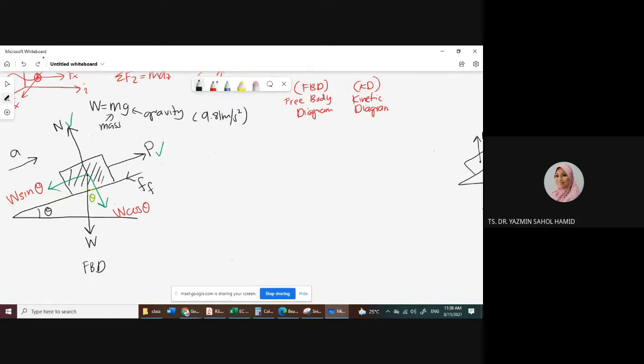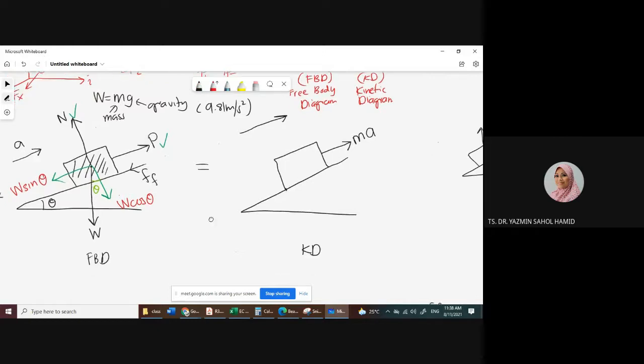Now, the free body diagram will equal to what? The kinetic diagram. Yes, will equal to the kinetic diagram. Since the acceleration is going up, let's say it is pulling up here, so our kinetic diagram will follow here, ma. All right, so this is our free body diagram and kinetic diagram.